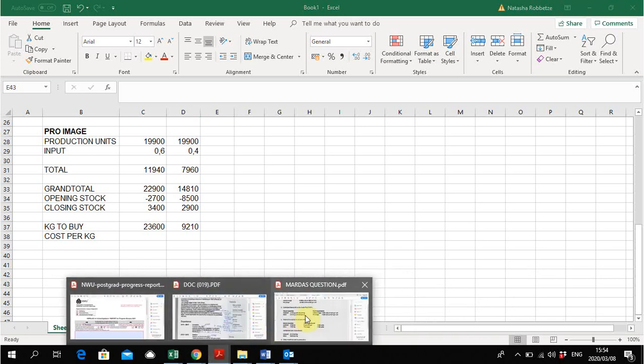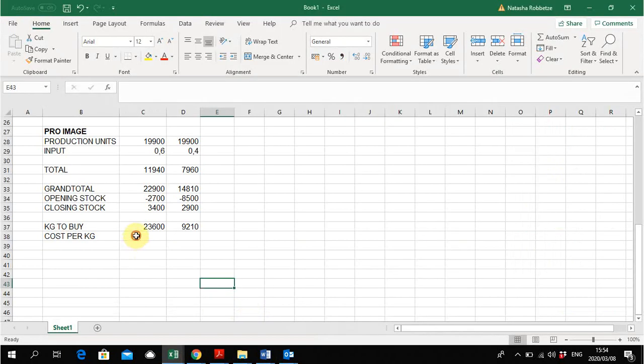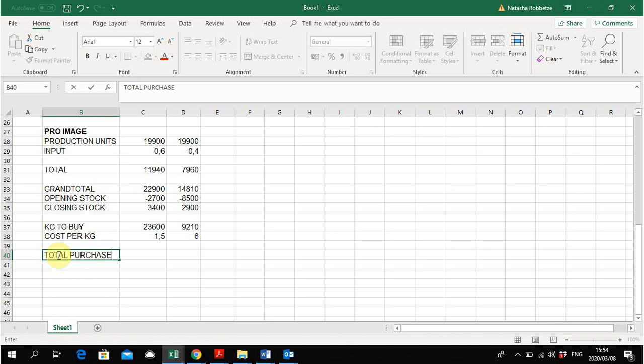I want to go back to the question. A cost R1.50 and R6 per kilogram. So that needs to be filled out as well. Total purchase: kilograms to buy times the cost.